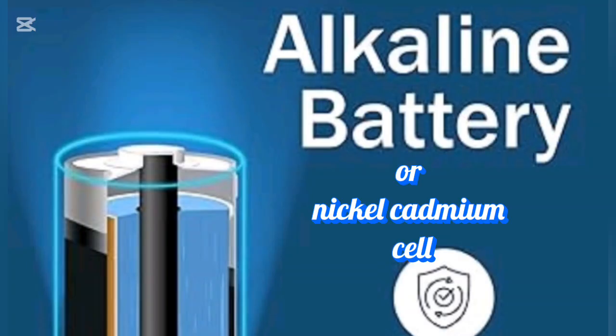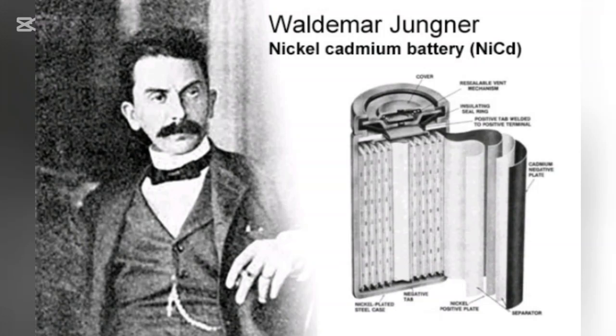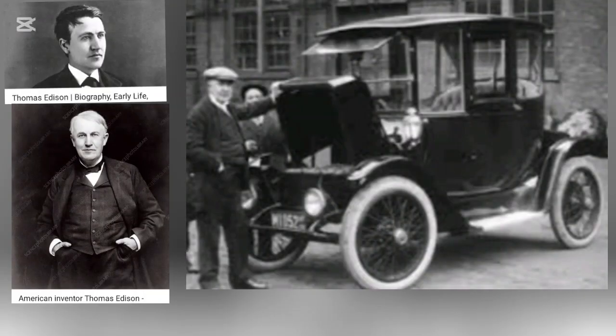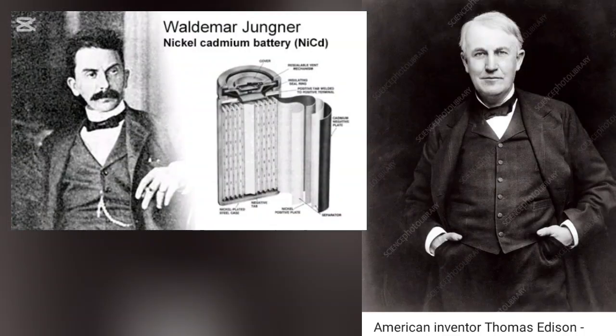Alkaline batteries or nickel cadmium cells. Batteries with alkaline rather than acid electrolyte were first developed by Waldemar Jungner in 1899. Thomas Edison also invented a battery that was to solve the problem of electric cars. In 1901, Thomas Edison and Waldemar Jungner invented an alkaline battery using a solution of caustic potash, that is potassium hydroxide, as the electrolyte, and nickel hydroxide for the positive plate.